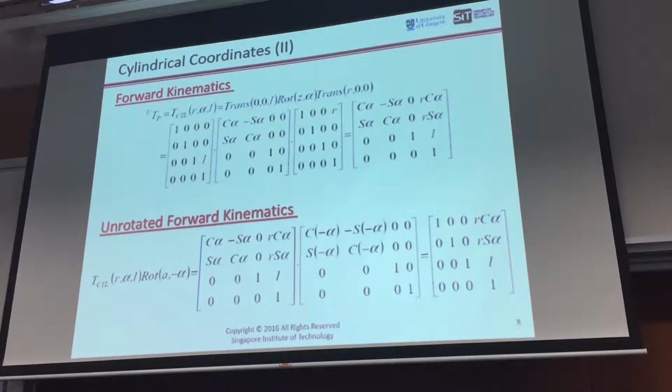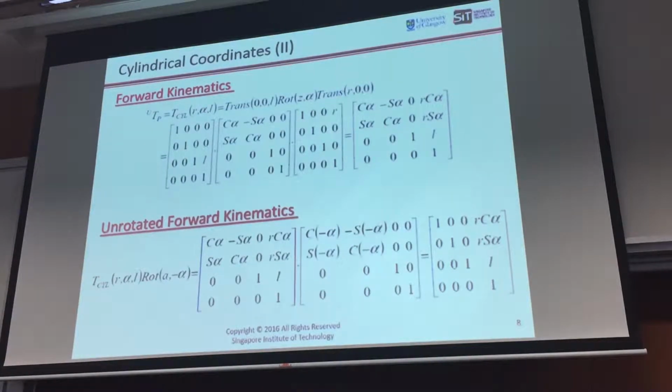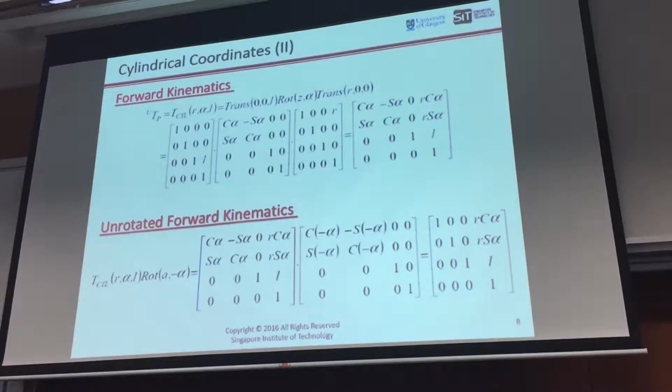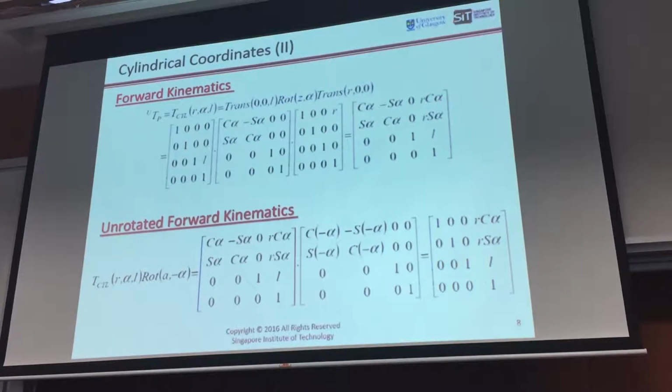When you do certain motion, there are some undesirable motions, couple of motions that happen. So they somehow also inadvertently orientate the frame. That is why we have this unrotated forward kinematics, which means I will rotate back the matrix, the frame, such that the axes are parallel to the ground frame.